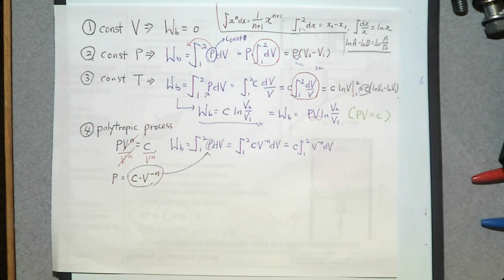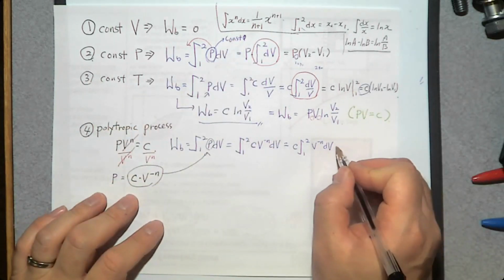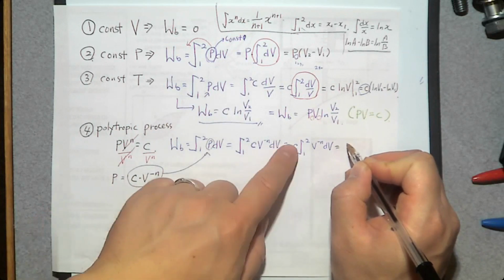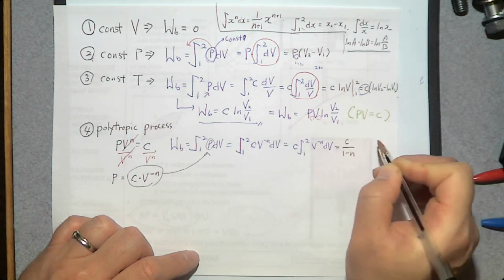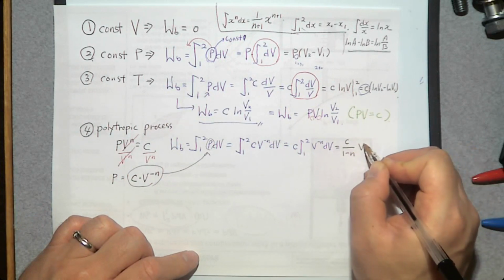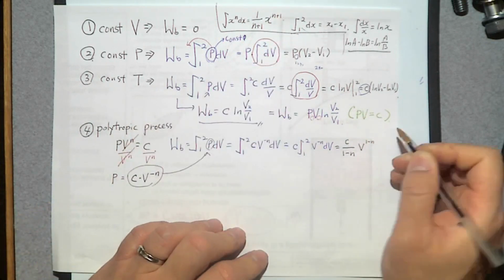So this one becomes, instead of n, we have a minus n. So it's going to be minus n plus 1. In other words, we have a C in front, C over 1 minus n, V to the power 1 minus n.